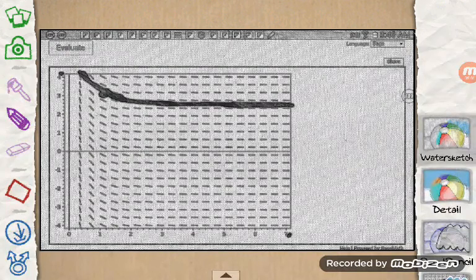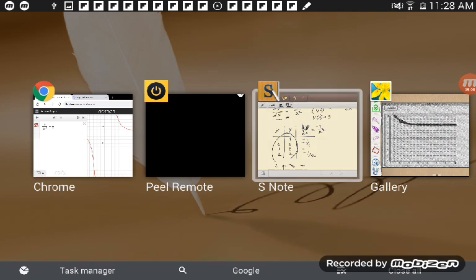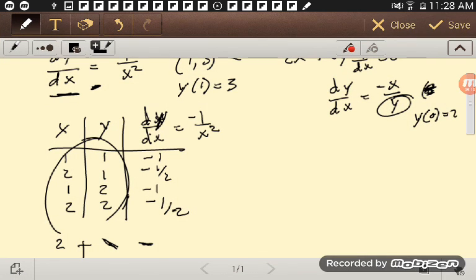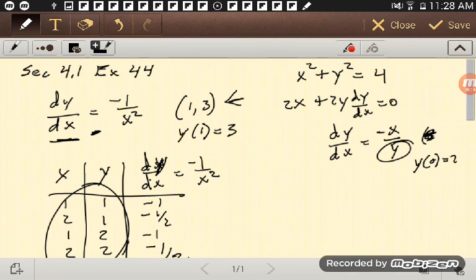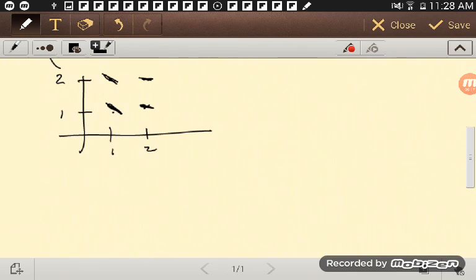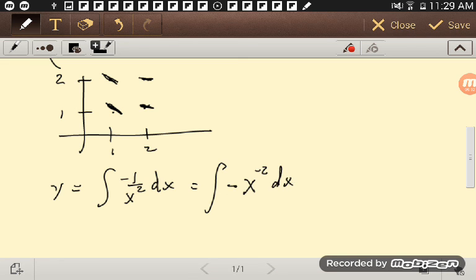Now, why does that look probably about right? Well, we can go back and solve this thing. We had dy/dx is negative 1 over x squared, so that means y is the antiderivative of negative 1 over x squared dx, which is the antiderivative of negative x to the negative 2 dx.